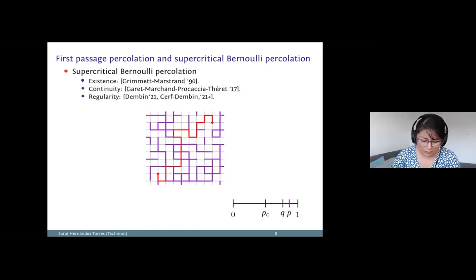So the arguments in actually, all these two papers on the continuity are based on this idea. You just see your geodesic at level P. And then you see that you're going to lose some edges when you decrease to level Q. So here they are a little bit shaded. So we can say that we deleted this. So now we're at level Q. So what we had as a geodesic is lost because now these are disconnected paths.